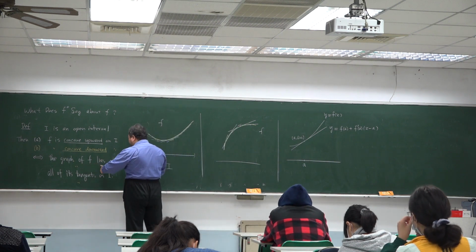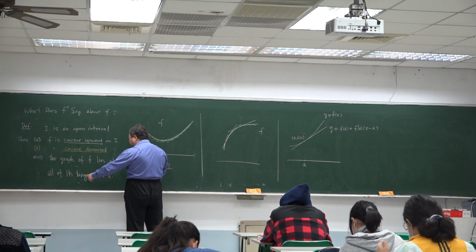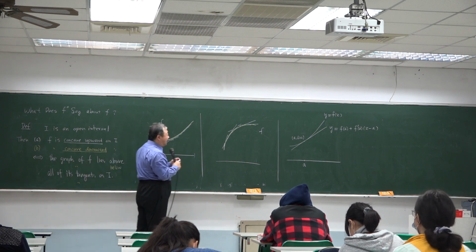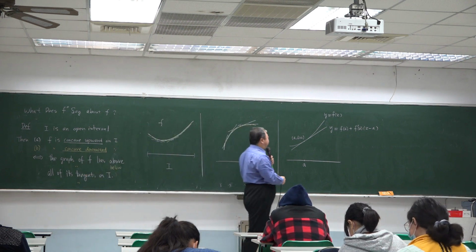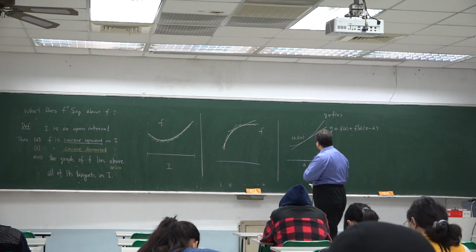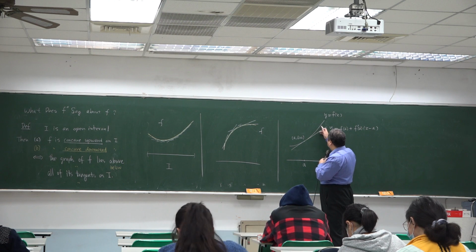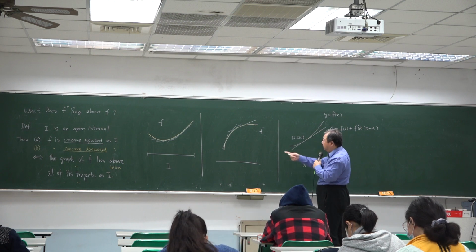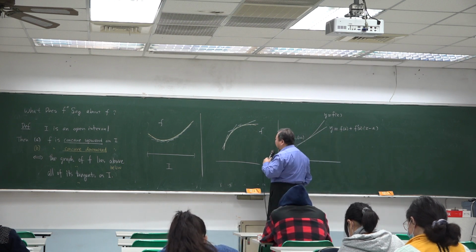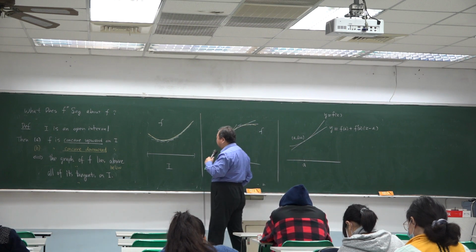Now, the graph of f lies above all of its tangents. Okay, above this tangent means above. We don't know whether strictly above or maybe it can be equal. So by this definition, concave upward is quite possible.